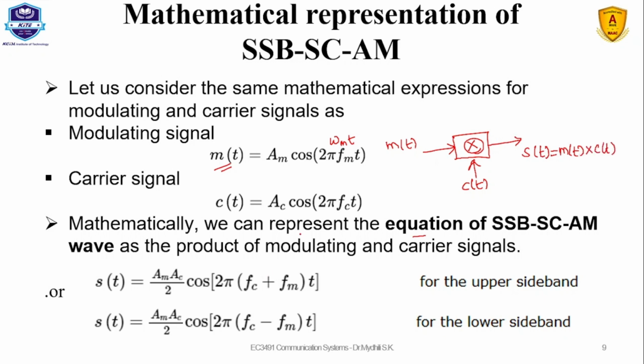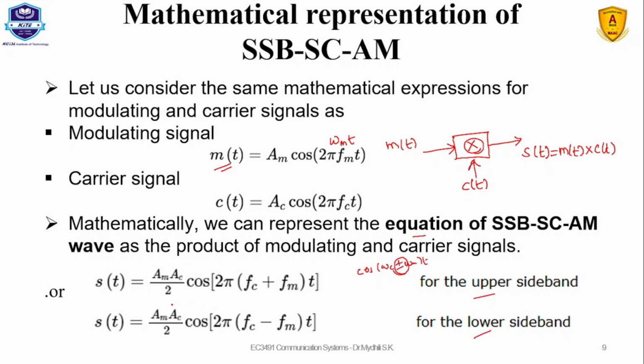When we multiply these two signals, in terms of trigonometric functions this will produce cos omega m t into cos omega c t. When applying the trigonometric solution, we will get cos of omega c plus or minus omega m, times t. So based on the requirement, we will select either the upper sideband or the lower sideband.